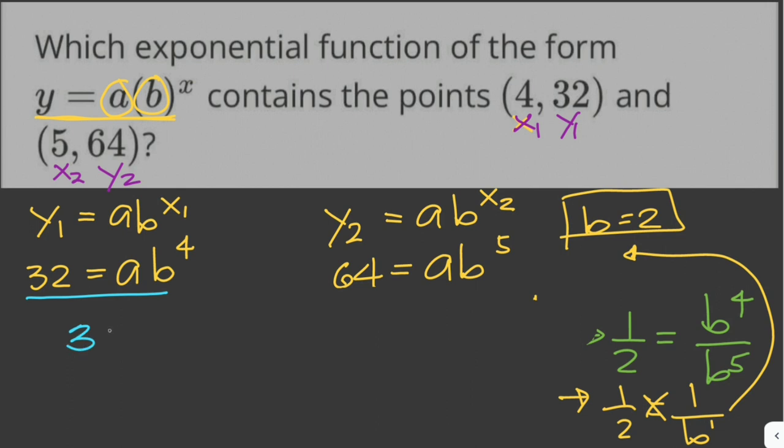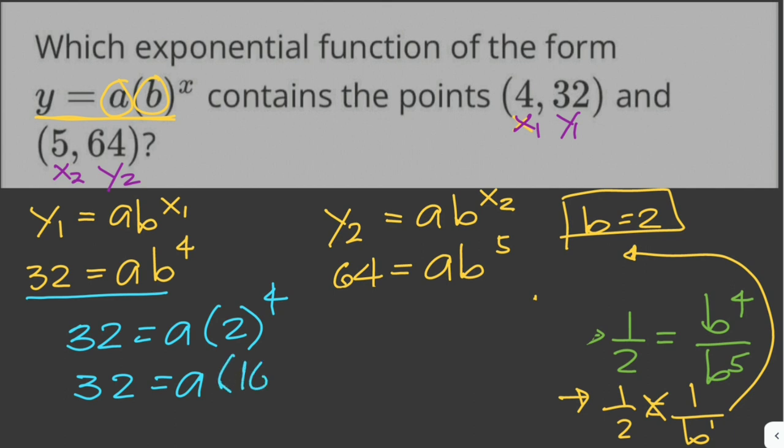So 32 equals a, and then plug in the value of b that we just got here to the power of 4. So 32 equals a times 16. So we have 32 equals 16a, and then we divide both sides by 16. Therefore, the value of a is just equal to 2.